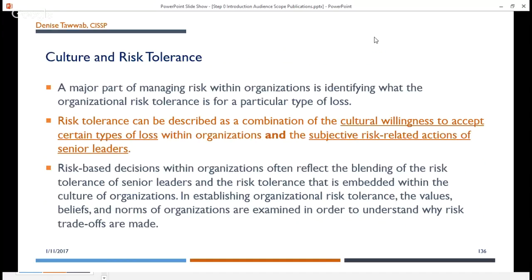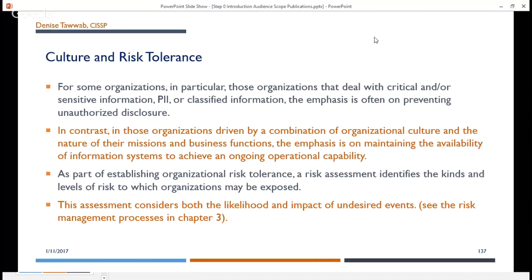Risk-based decisions within organizations often reflect the blending of the risk tolerance of the senior executives and the risk tolerance that is embedded within the culture of the organization. In establishing organizational risk tolerance, the values, beliefs, and norms of organizations are examined in order to understand why risk trade-offs are made.